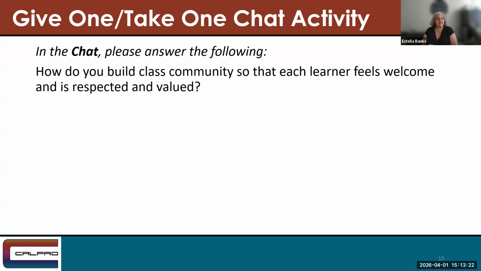Okay, so let's have another quick chat. This is not a waterfall, so you can add your answers at your own pace. There are many ways to foster a class community, and this is called the give one, take one chat activity. You'll share your community building activities with each other.